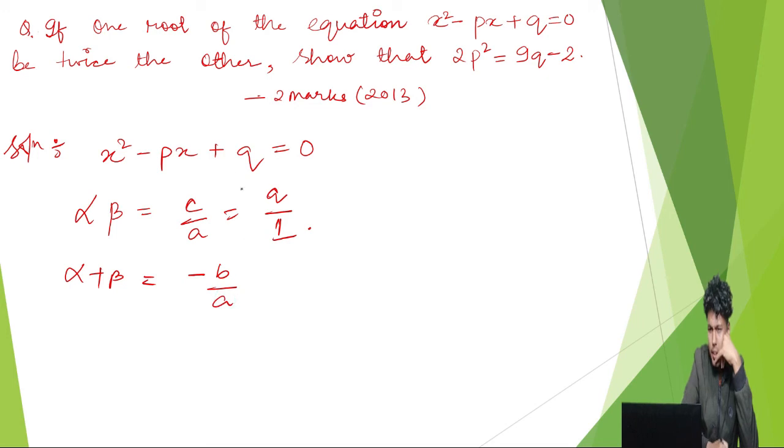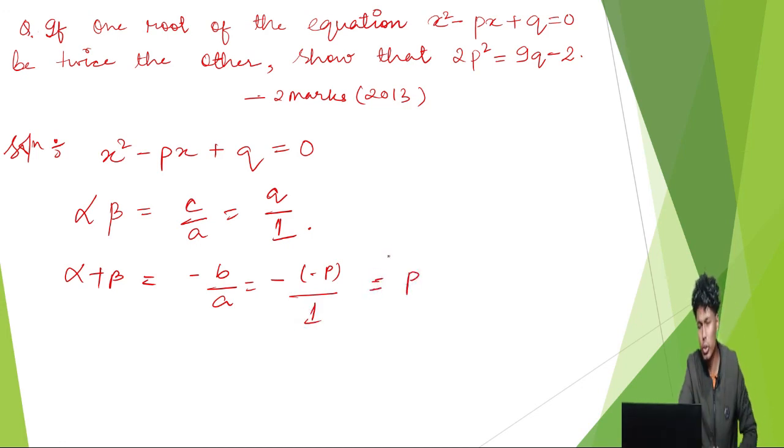Here b is minus p, so minus into minus p divided by a, which is 1, gives p. So q is equal to alpha beta and p is equal to alpha plus beta. That's all we need to do.